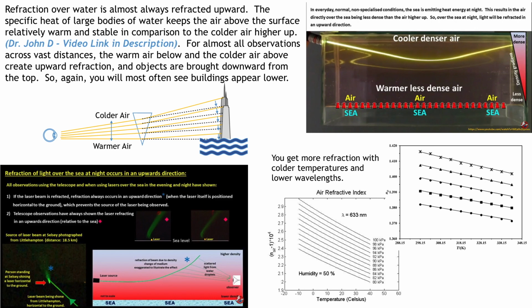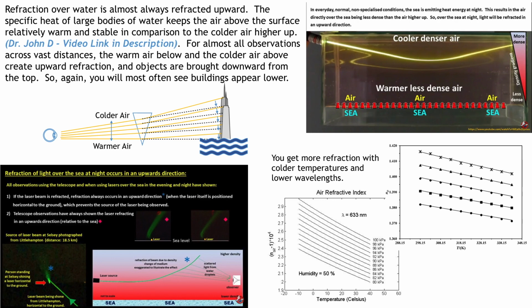And so I've kind of diagrammed that here, what's happening with the prism. You have the colder, denser air above, and you have the warmer, less dense air below. And as the light rays are being reflected to your eye from those distant objects, they are getting bent upward to your eye.